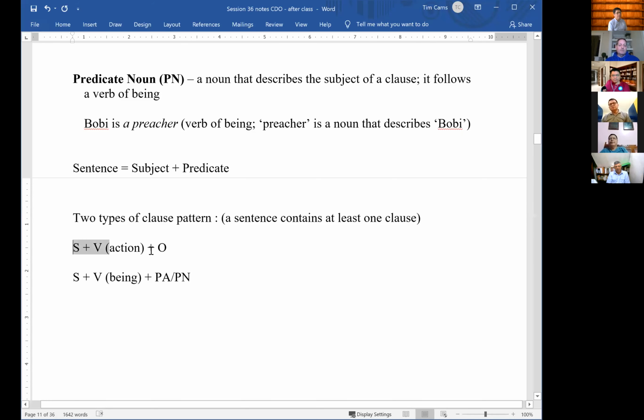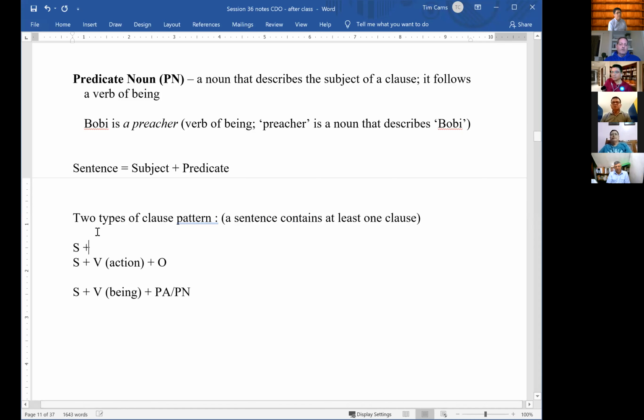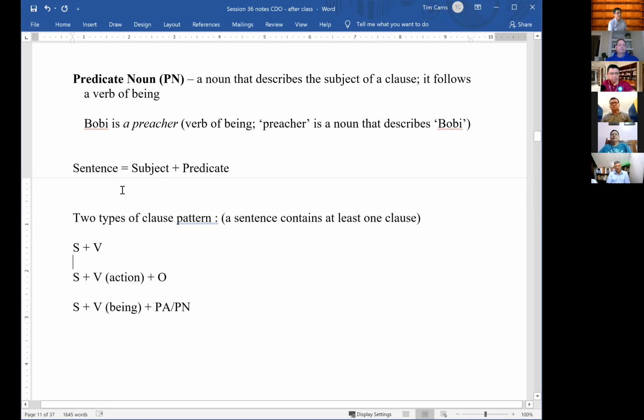And it could be a subject, verb, object, or a subject, verb. I guess there are three: subject, verb, object; subject, verb, predicate adjective; and subject, verb, predicate noun.